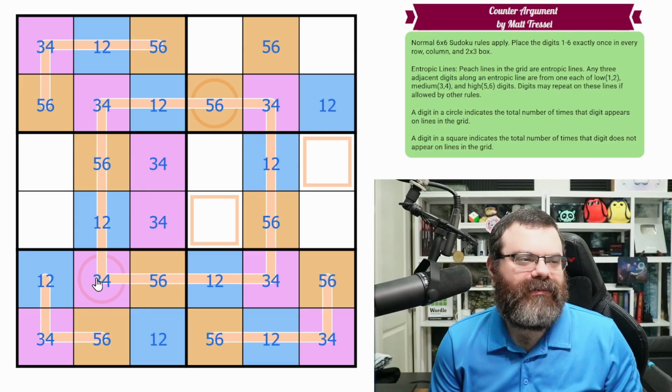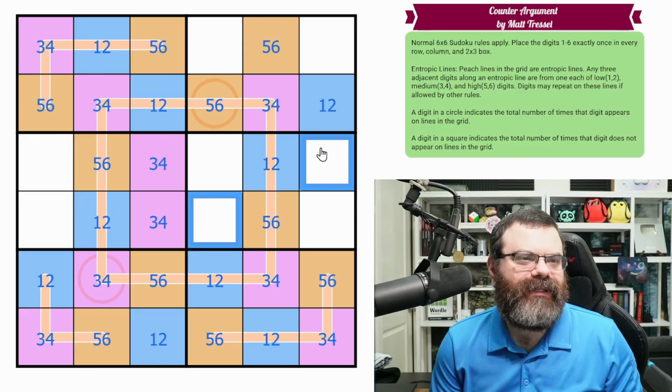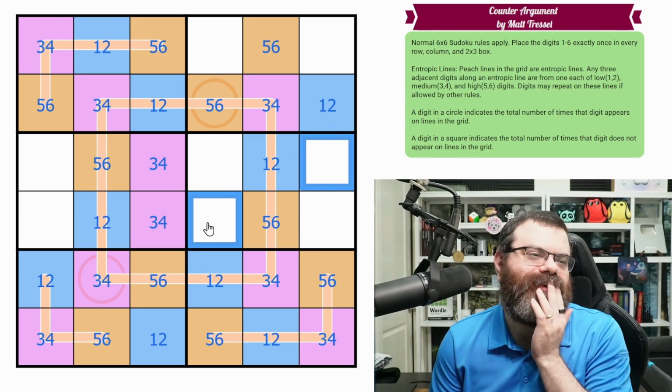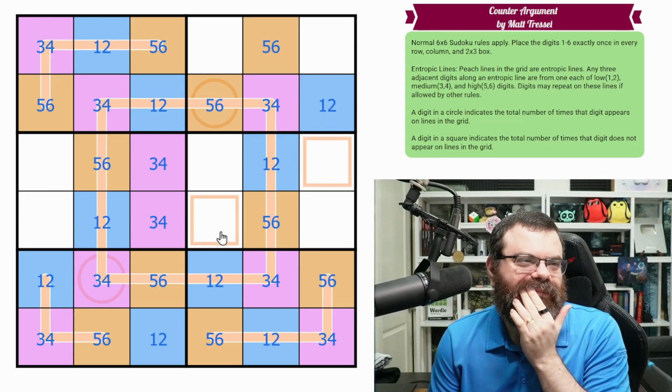Can we subcolor any of these, like the 1, 2s? Okay. We have 2 digits where these represent the count of how many are not on lines. Interesting.